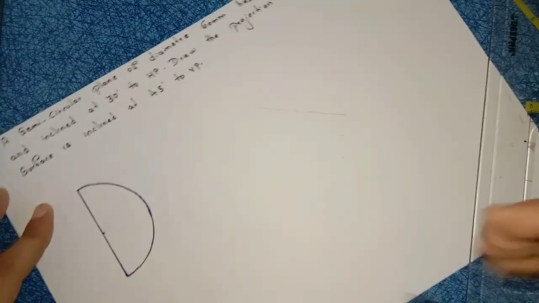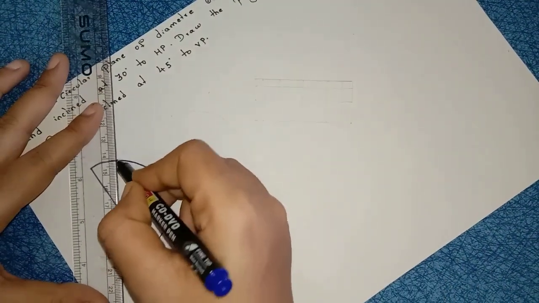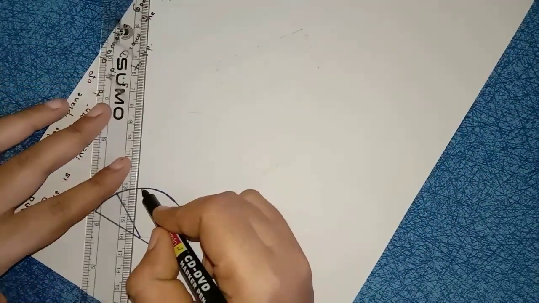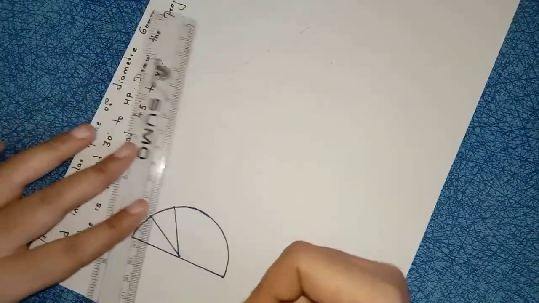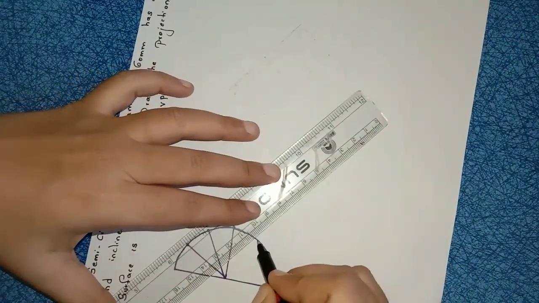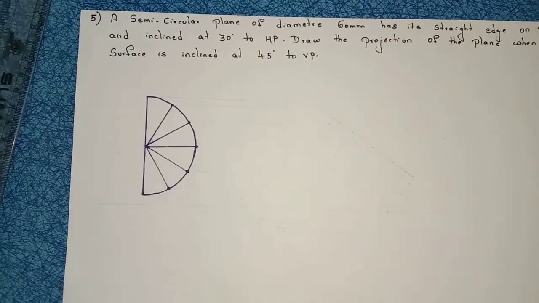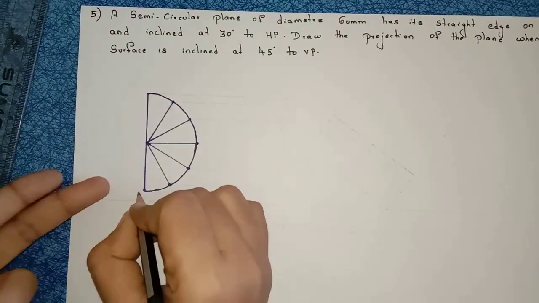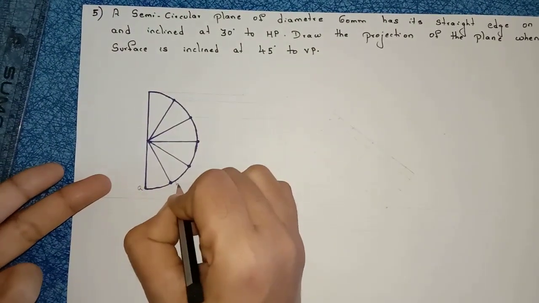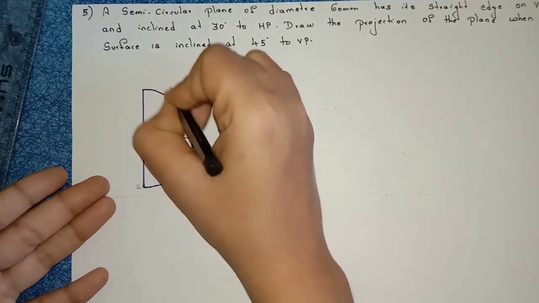I am drawing the lines at 30, 60, 90, 120 and 150, right? So let us write down here: A, B, C, D, E, F and G.